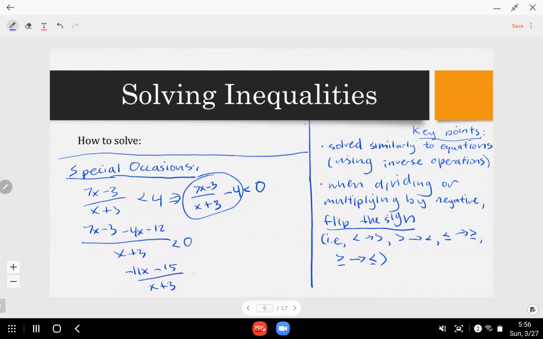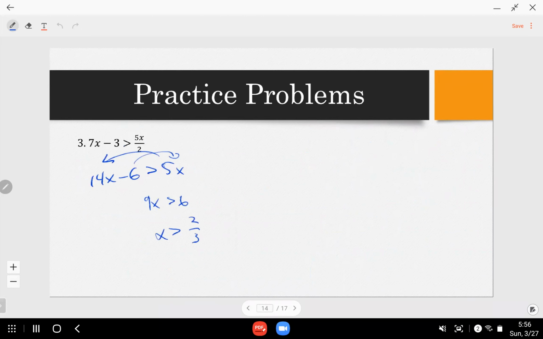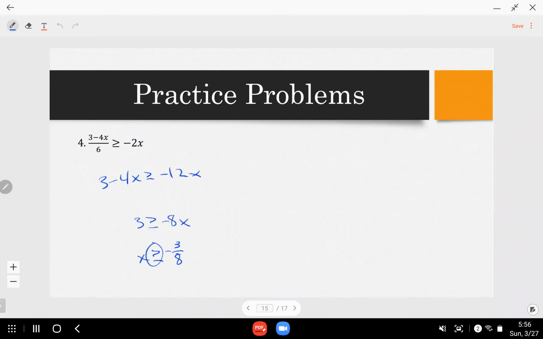Now you have to solve it like a quadratic inequality. That's too hard, so I will not give you a question like this, but if you ever see a question like that, remember you cannot cross multiply. Same with this. If you see this, you cannot do it.